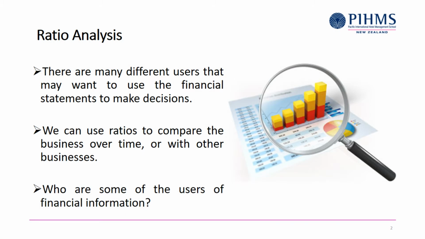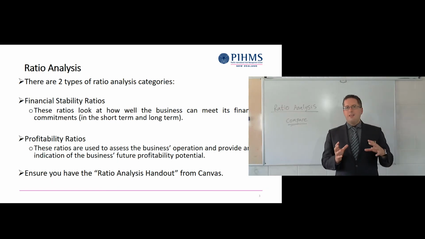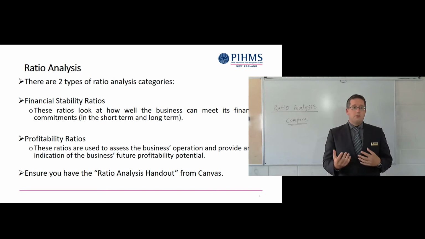So let's just have a look. So we're going to look at 2 different types of categories. The first lot of ratios are called financial stability ratios. So financial stability ratios, these focus on the ability to repay debt and how much debt are they able to pay back their amounts that they owe.